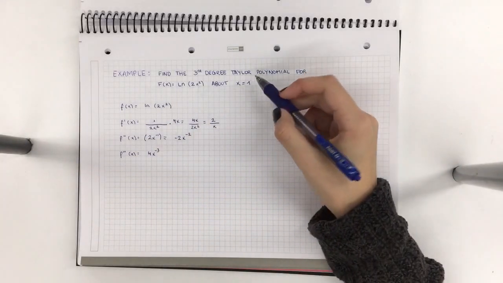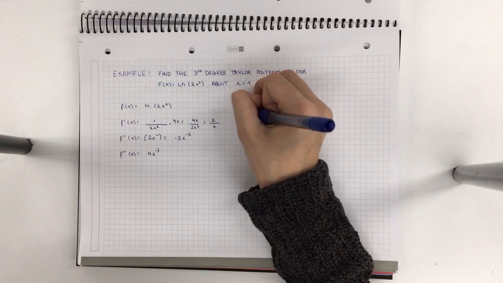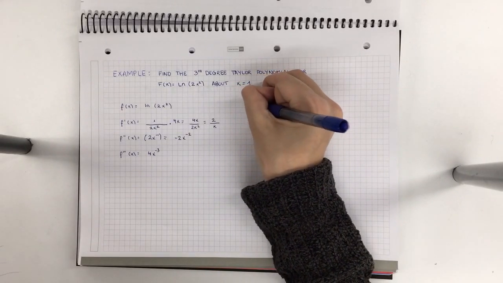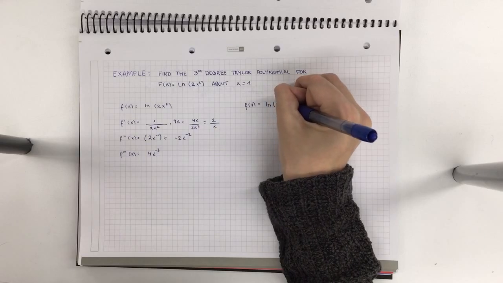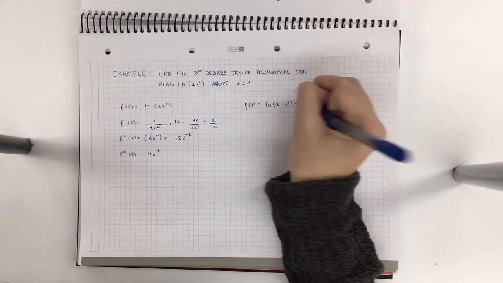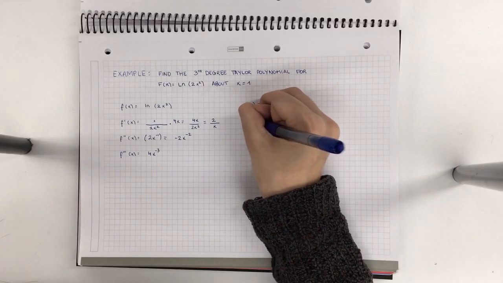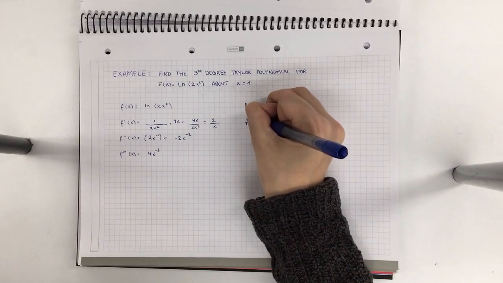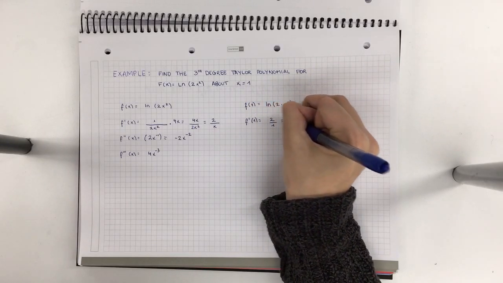So now we are going to plug in our x value for each of these equations. So f of 1 would be natural logarithm of 2 times 1 squared, which equals natural logarithm of 2. Then the first derivative at 1 would be 2 over 1, which equals 2.